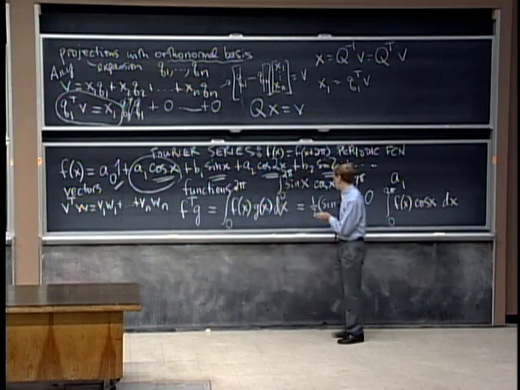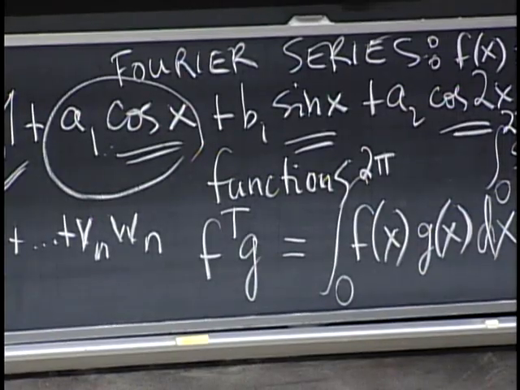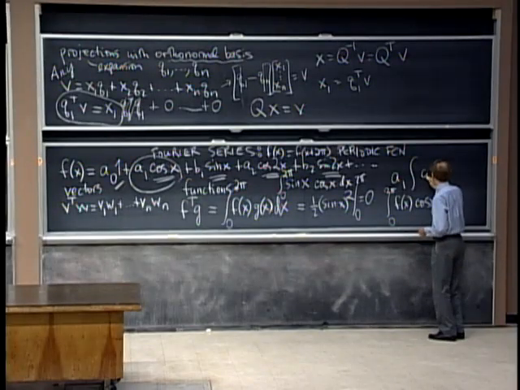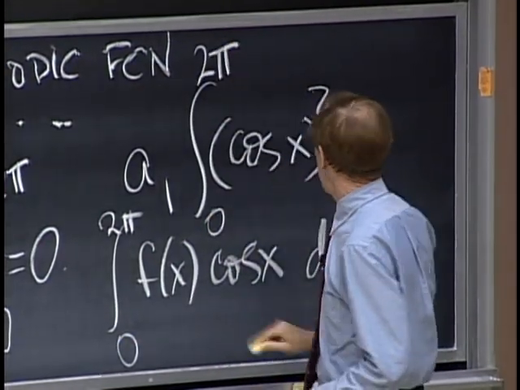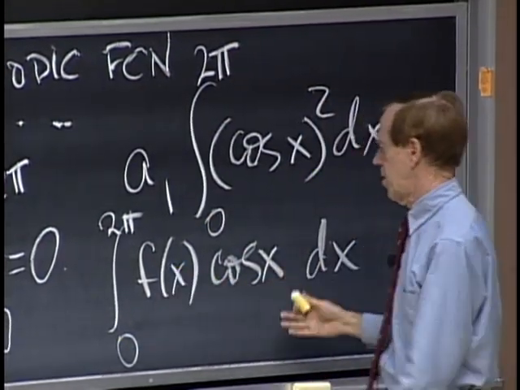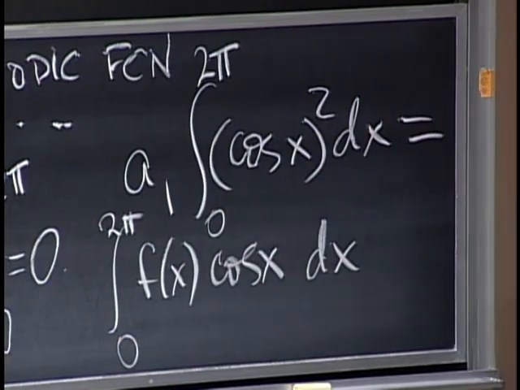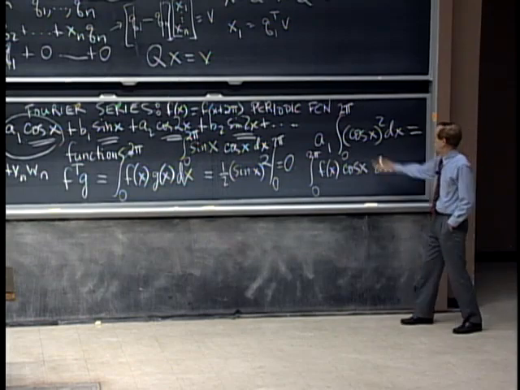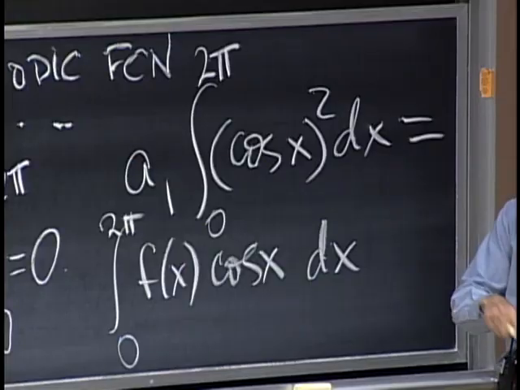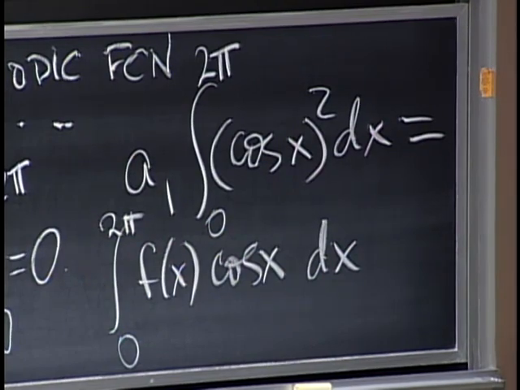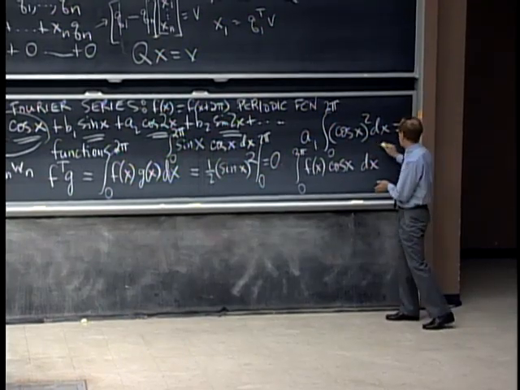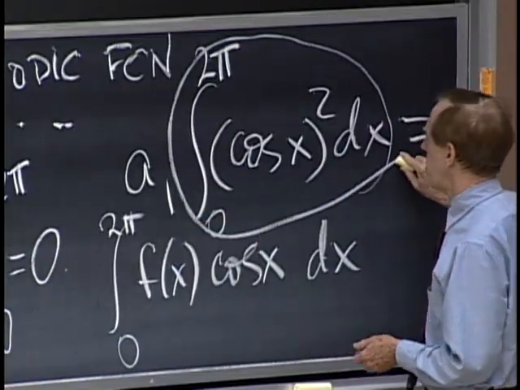All the others disappear. And that term is A1 times the integral of cos squared x dx, 0 to 2 pi, equals this left side, and this is all that's left on the right-hand side. And this is not 0, of course, because it's the length of the function squared. It's the inner product with itself. And a simple calculation gives that answer to be pi.